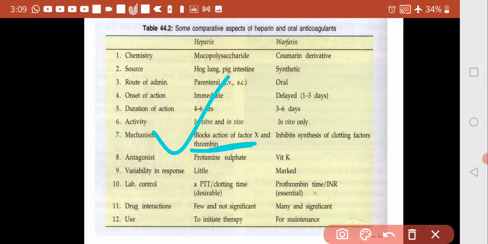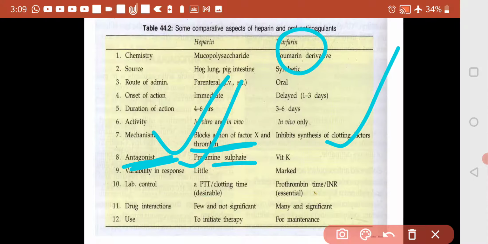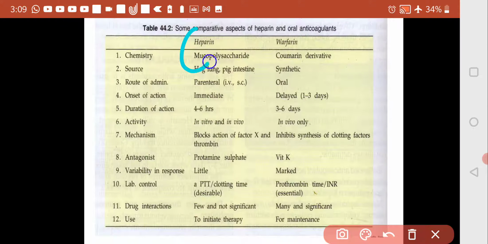Warfarin causes vitamin K dependent inhibition of factors 2, 7, 9, and 10. If we talk about the antagonist, protamine sulfate is the antidote for heparin, and it also serves as a partial antidote for low molecular weight heparin.